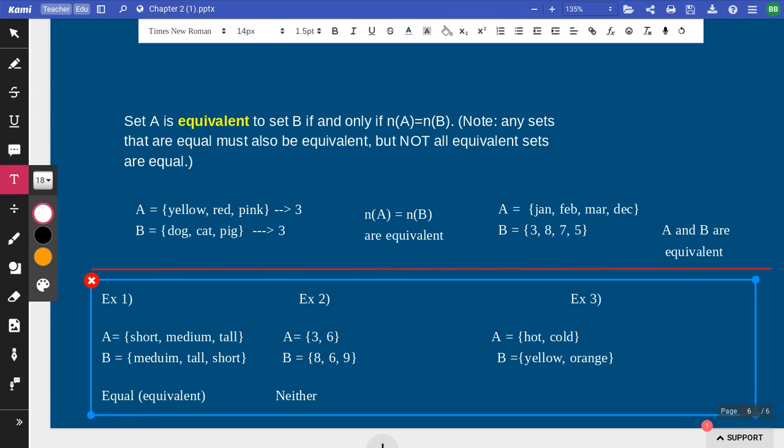Equal, equivalent, or neither? These are equivalent because there are two elements in A and two elements in B. Therefore, these are equivalent.